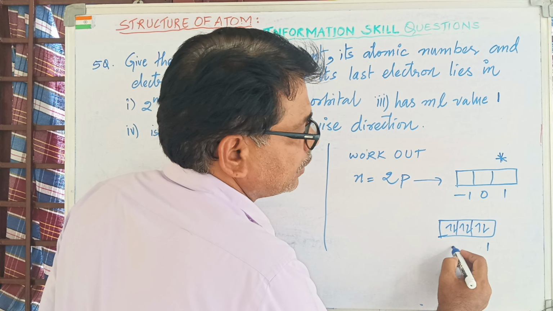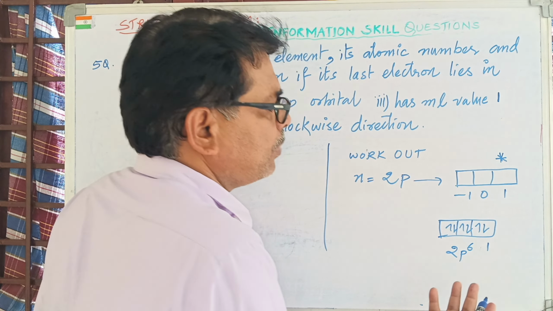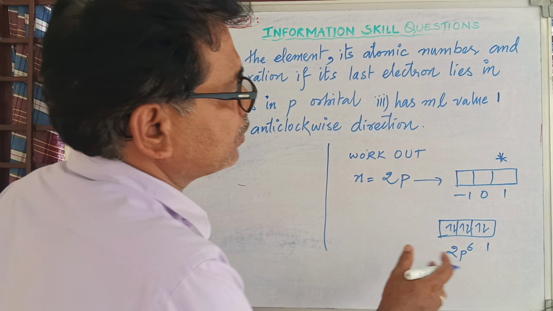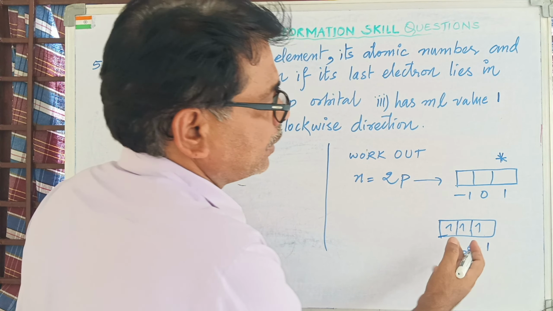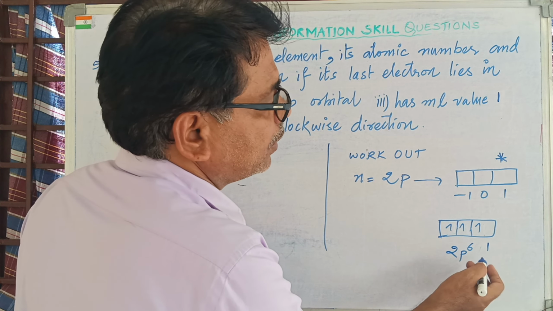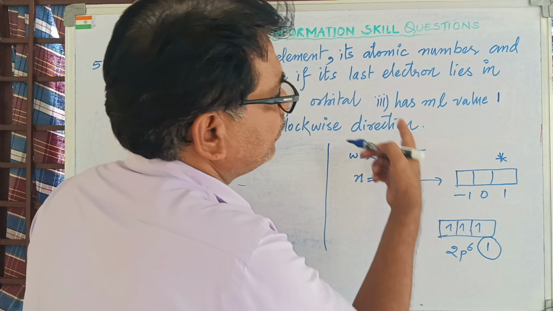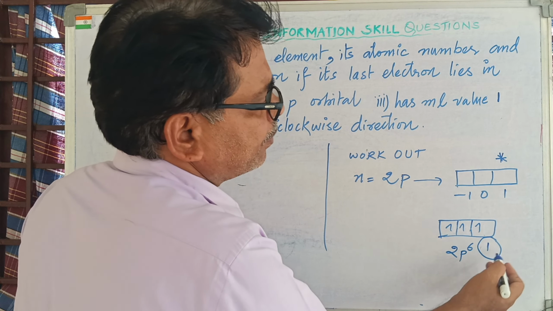According to this, I may get 2p6, maybe not 2p6. If I don't pair them, then it will be 1 each. Because he said that the third clue is that the ml value will be 1. That much only.